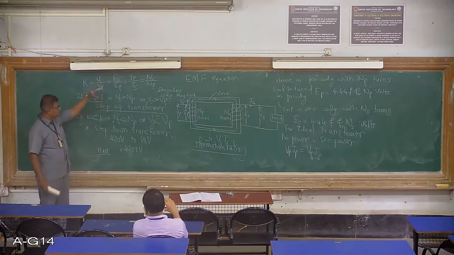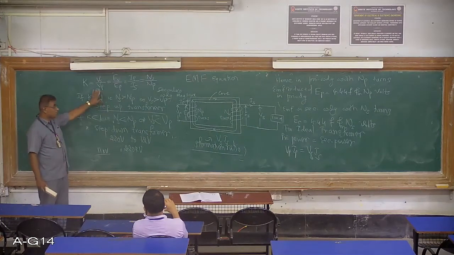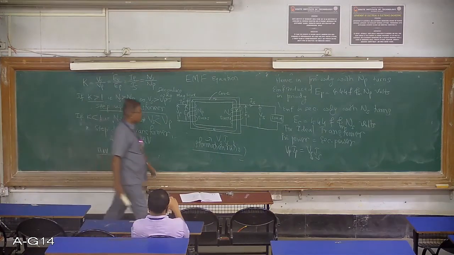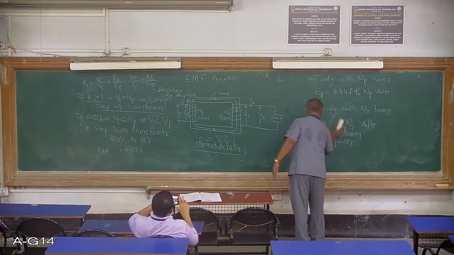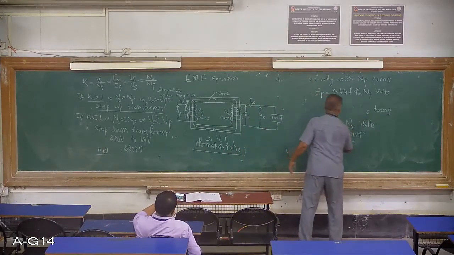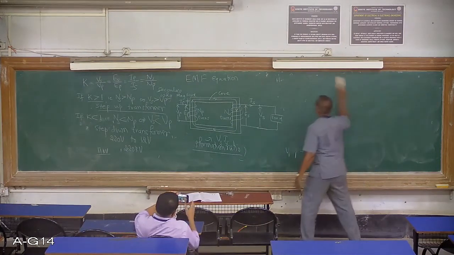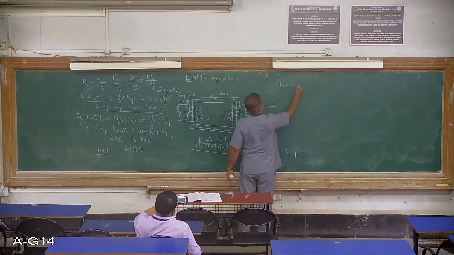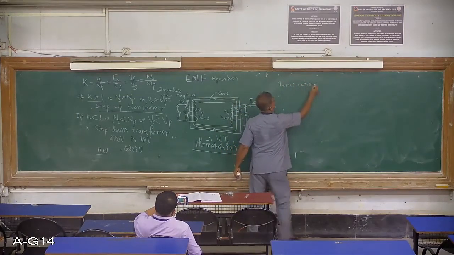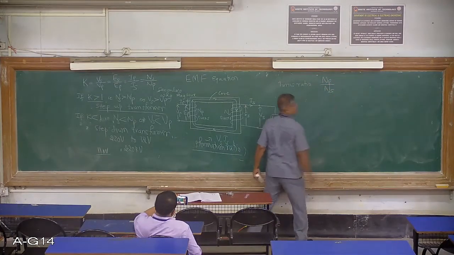So this is a narration on the transformation ratio. Also, we often come across another definition called turns ratio, that is Np by Ns.